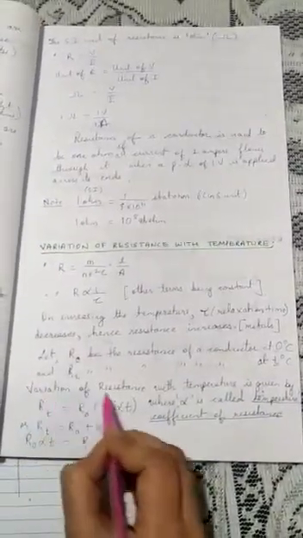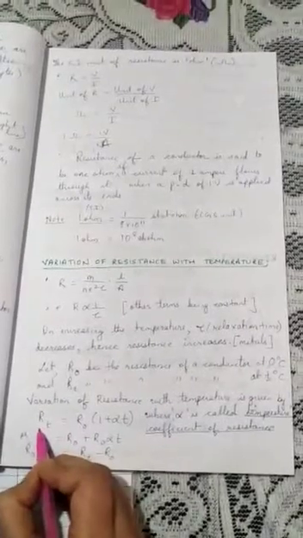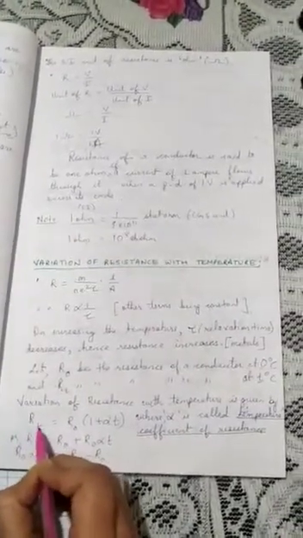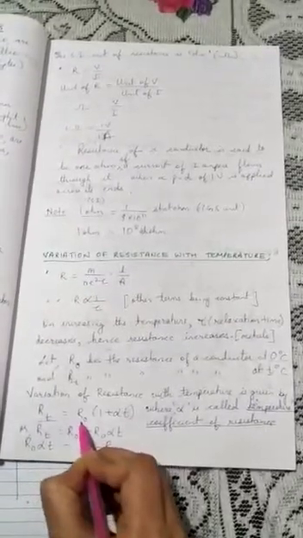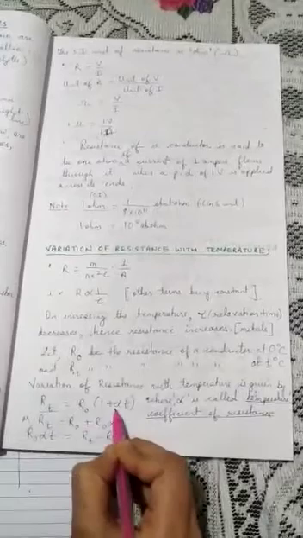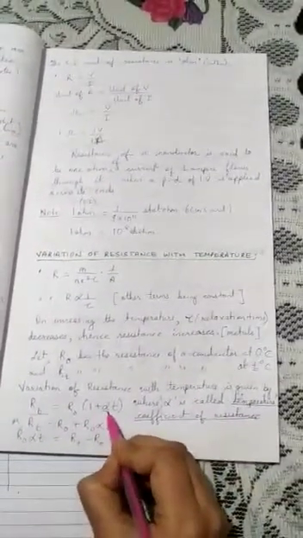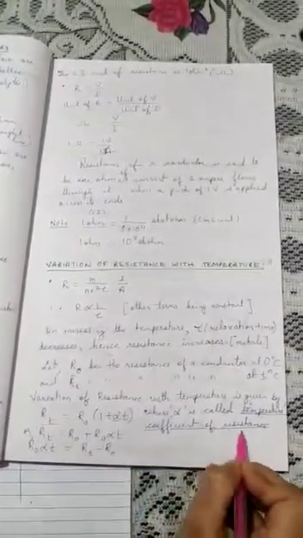Now, how does resistance vary with temperature? It is given by the relation RT, the resistance at the new temperature, equal to R naught into 1 plus alpha T. Here, the new term alpha is the temperature coefficient of resistance.